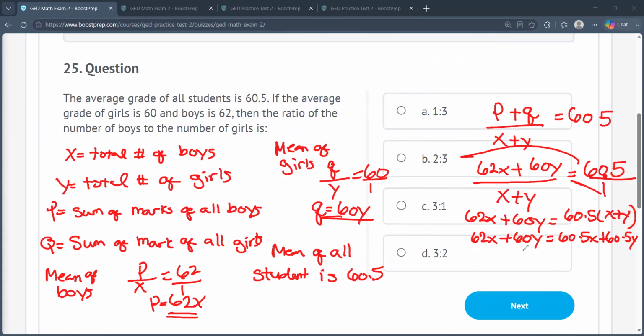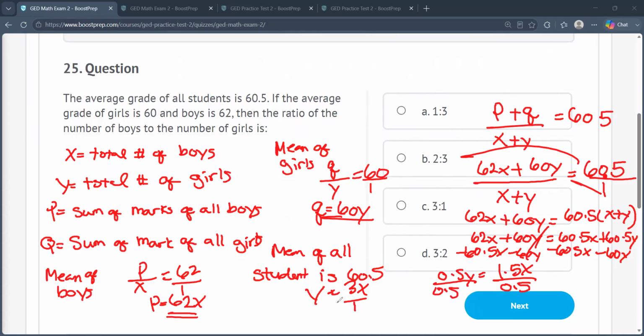Then what I'll do is get all the y, so you can subtract 60y here, subtract 60y there, and then subtract 60.5x, subtract 60.5x, and you get 0.5y equals 1.5x. And then divide this by 0.5, divide this by 0.5. You get y equals 3x.